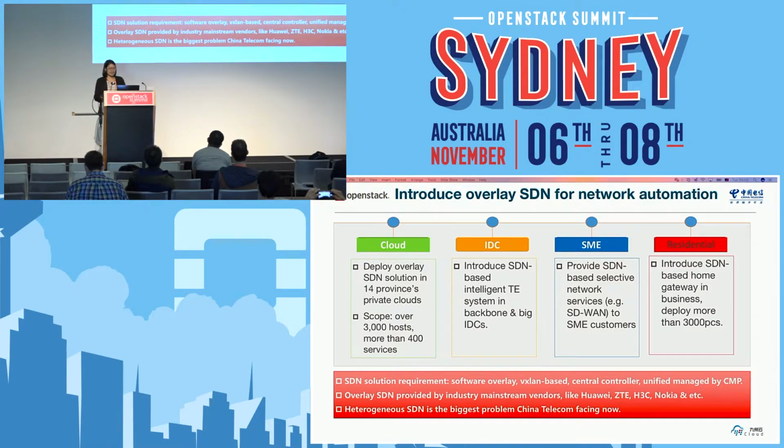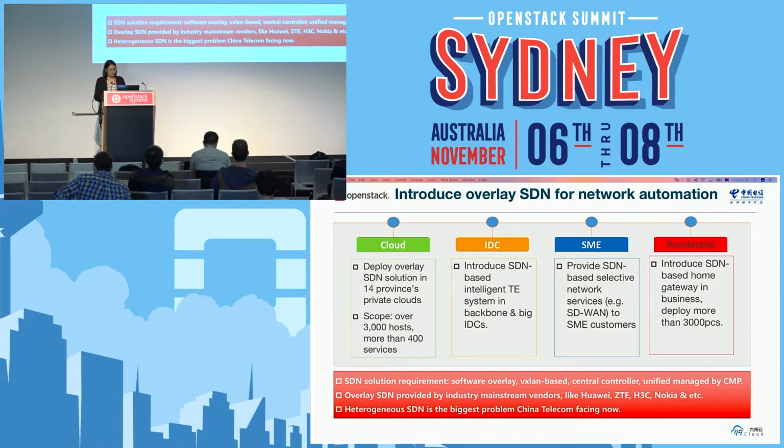We've deployed overlay SDN in more than 14 provinces' private clouds, covering over 3,000 hosts and more than 400 services. For internet data centers, we've introduced SDN-based intelligent TE systems, both in backbone and big IDCs. For SME customers, we will provide SDN-based one service for them to choose and customize their own networks.